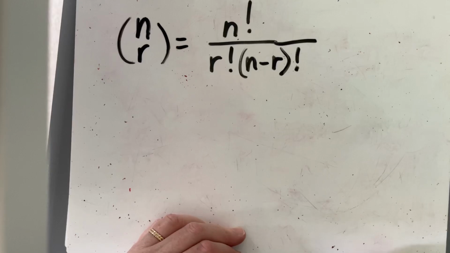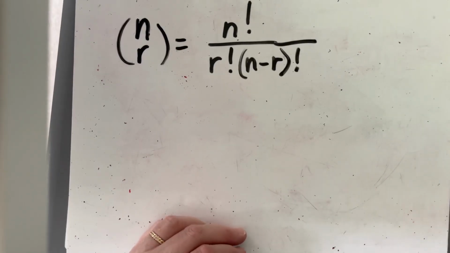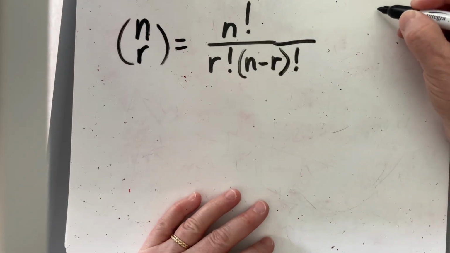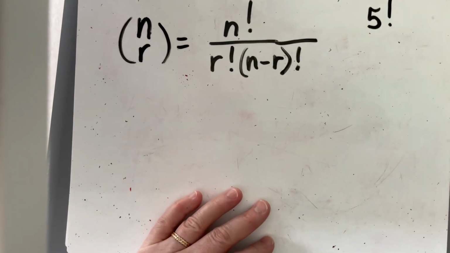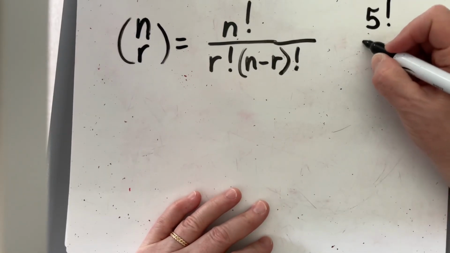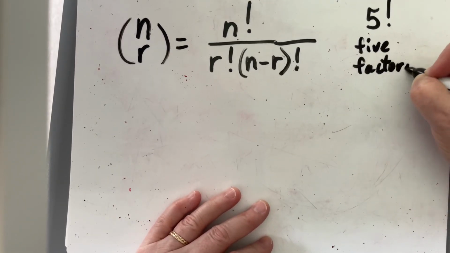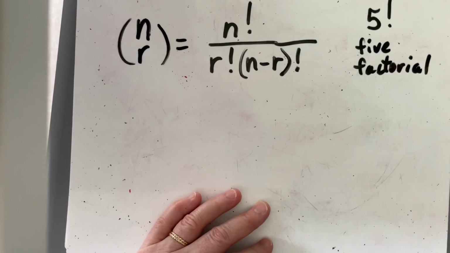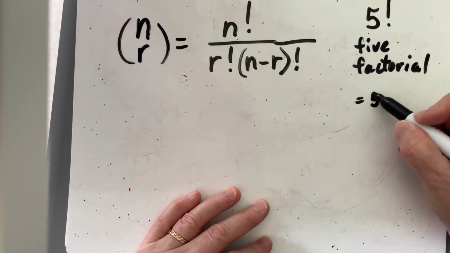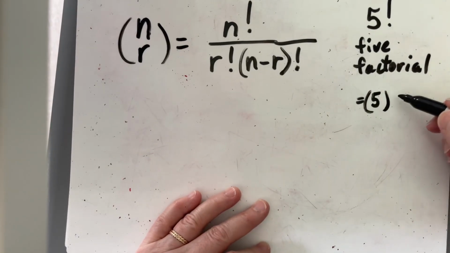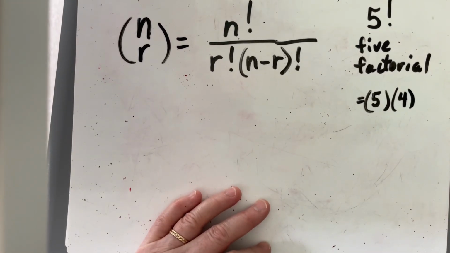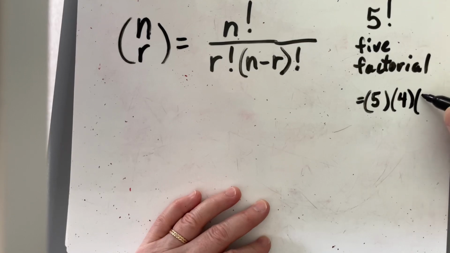So now we need to talk about this idea of factorial. What does it mean? So this is a mathematical term. For example, 5 factorial. What it means is we start with 5, we're going to multiply that by every integer, every whole number lower than 5 as well.